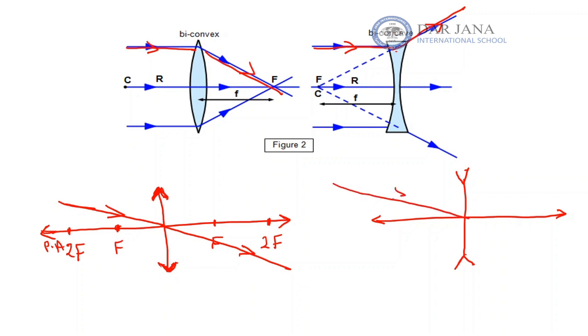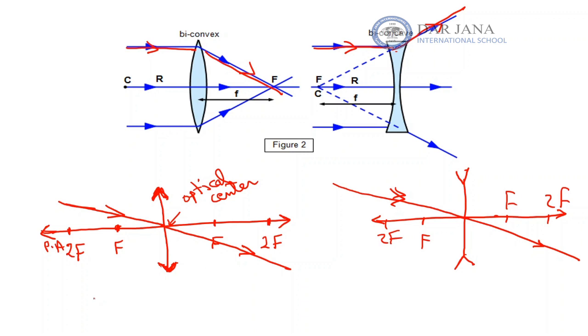If a ray is passing through the optical center, the ray continues undeviated. So here's the same thing, we have F and 2F, and here we have F and 2F.